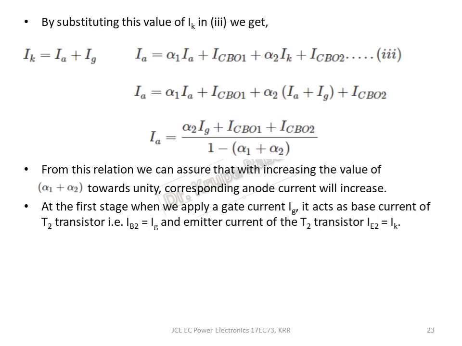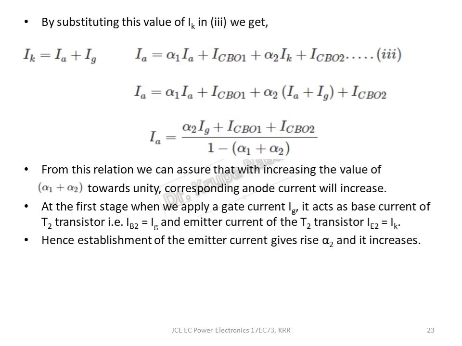So at the first stage, when we apply a gate current Ig, it acts like a base current of transistor T2, and Ib2 becomes equal to Ig, and emitter current of the transistor T2, I2, is equal to Ik. Hence, establishment of emitter current gives rise to alpha 2 and it increases.